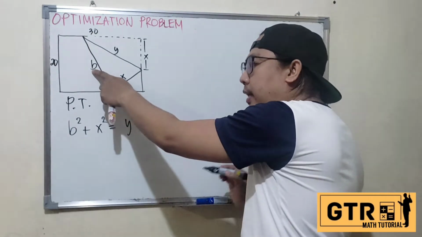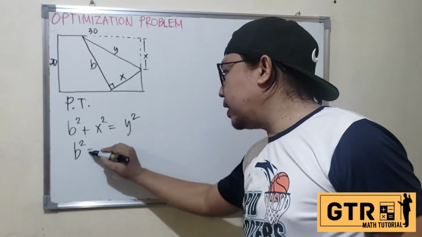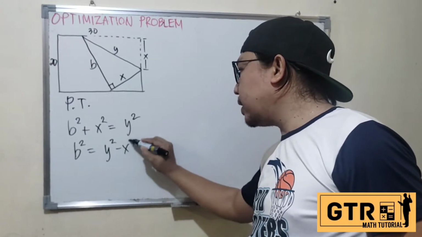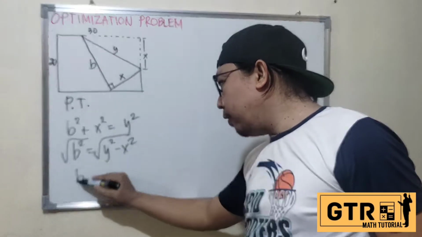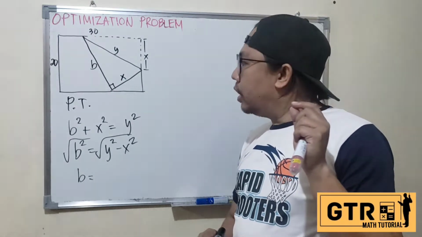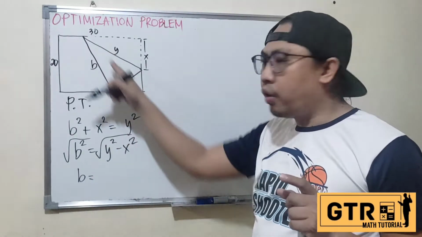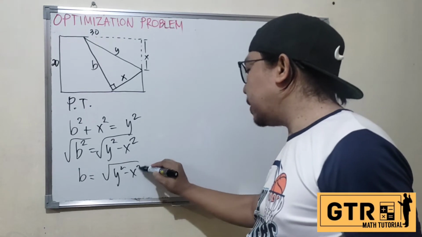Then solve for b, so we subtract x squared from both sides, so we have b squared is equal to y squared minus x squared, and then get the square root of both sides. So therefore, b is equal to plus or minus square root, but we will only use the positive since we are talking about lengths. So we have square root of y squared minus x squared.